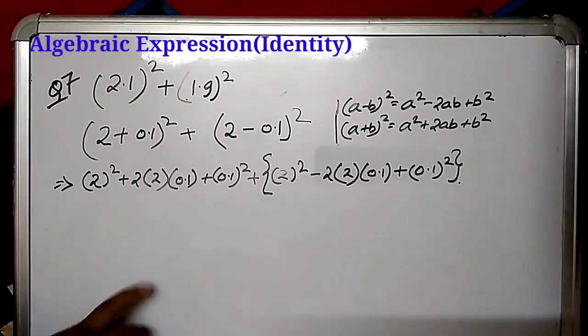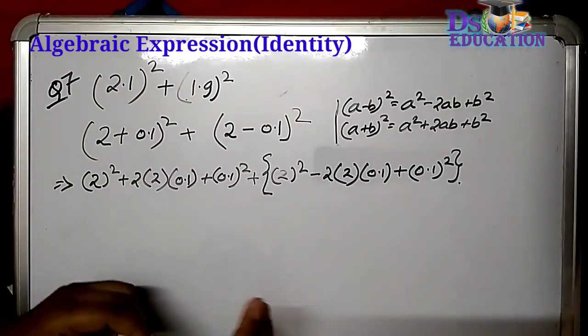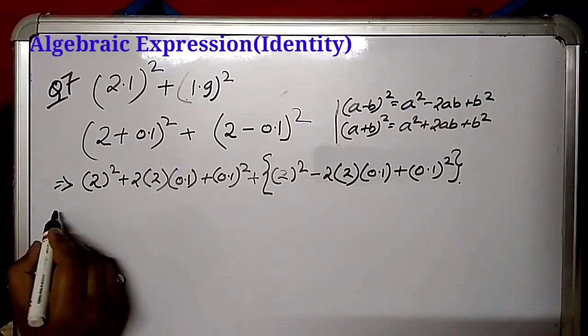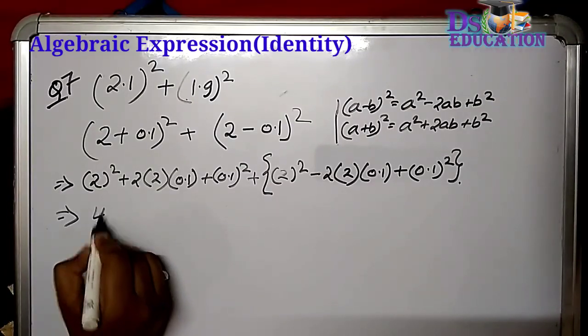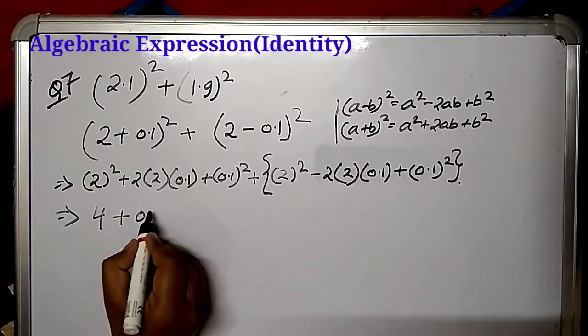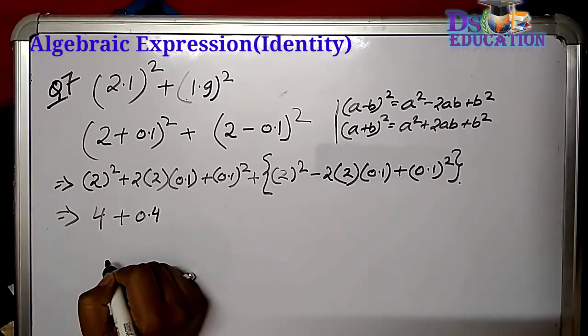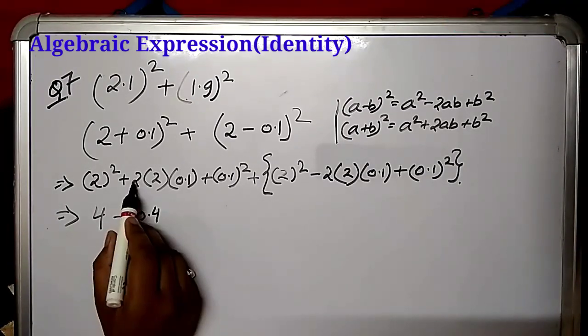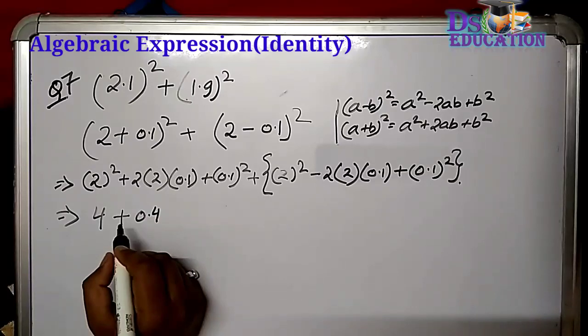Got the point? Just simply you have to apply the formula. You have to substitute the values in the formula. Next, if you see over here, it will come to 2 to the 4 plus 2 to the 4, and it is 0.4.